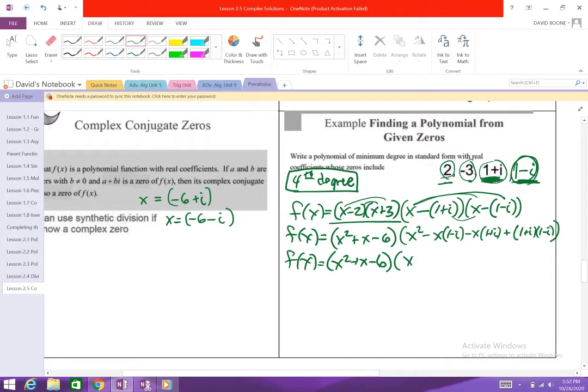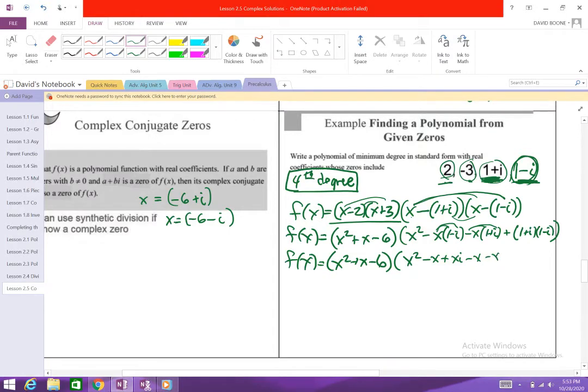And I'm going to clean some things up a little bit. So let's figure this out. x squared plus x minus 6. Got the x squared here. Really what we can do is multiply this out so you can see how things will cancel each other out. This will be minus x. And multiply here, minus x times a minus i would be a plus xi.